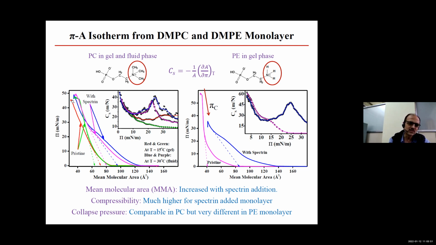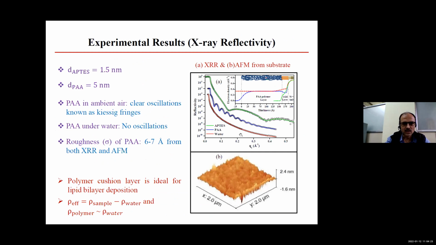If you compress further, the pressure doesn't change because it's losing the two-dimensional structure. And your collapse pressure is some sort of signature of how this monolayer is behaving. Here we don't see quite a bit of change for PC, but for P, the change is huge. I have to go fast.